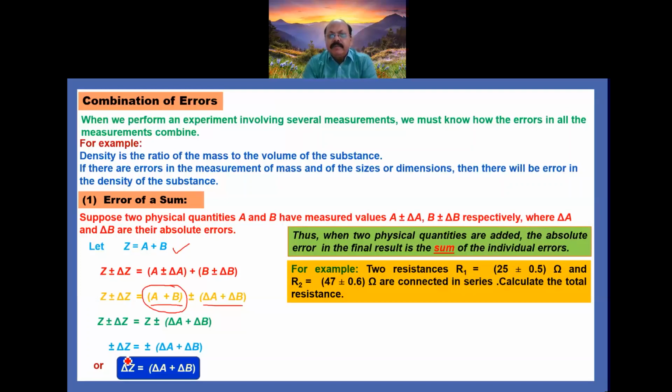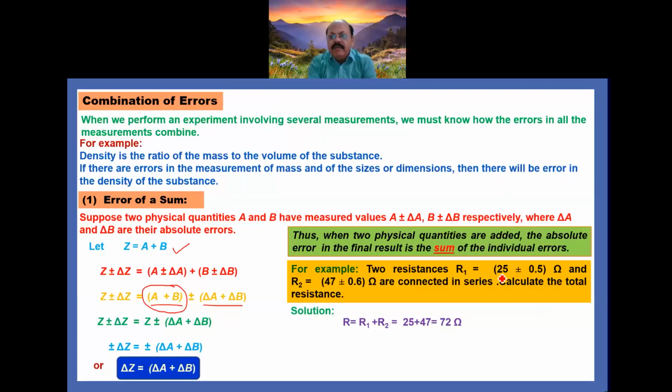For example, two resistances, say R1 equal to 25 plus minus 0.5 ohm and R2 equal to 47 plus minus 0.6 ohm, are connected in series, then calculate the resistance. So we know the formula of the resistances in series, that is R equals R1 plus R2.